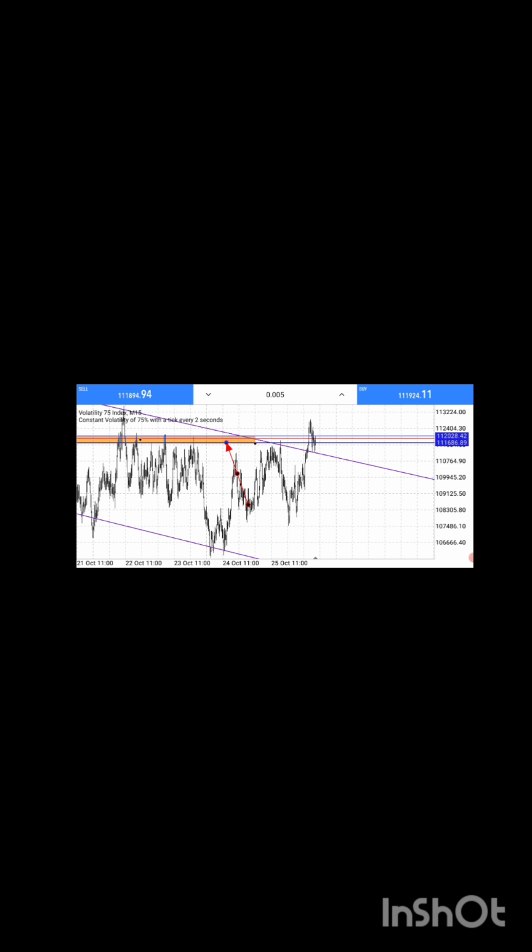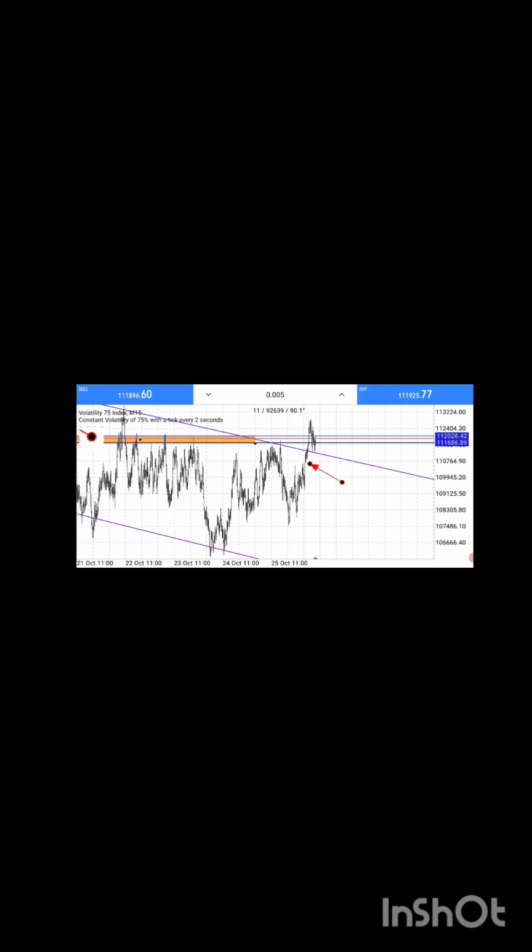The breakout height is far less than the source range height or the midpoint of the source range height. So see how the analysis is going step by step, algorithmically and logically, and that's what I mean by this supportive and resistive analysis.